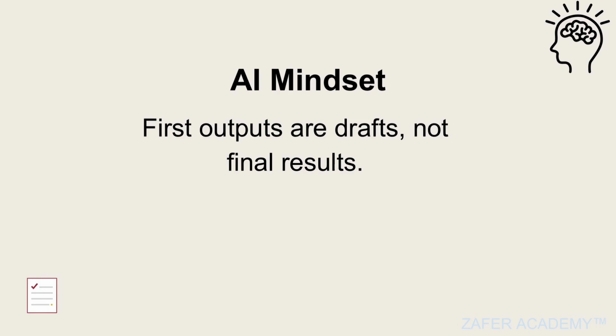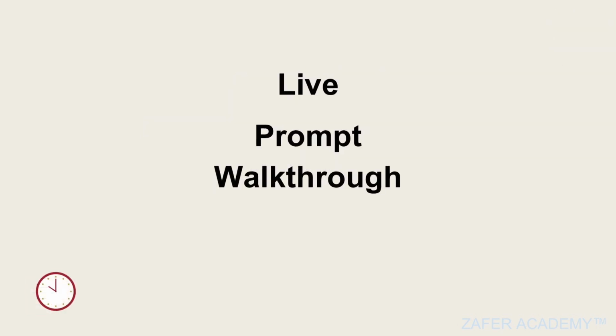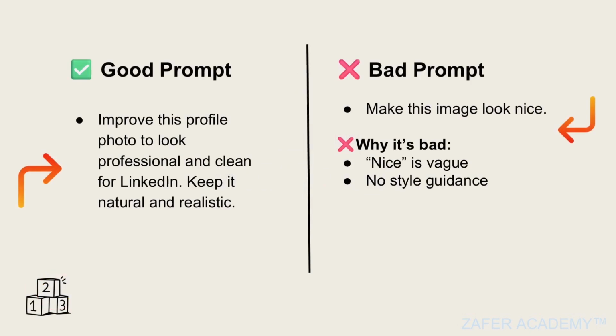But anyhow, let's get right into our live prompt walkthrough, and I'm going to use the example which we had in our slide deck, which is to generate an image of zebras for a children's magazine. Let's go back to that prompt and see what it said.